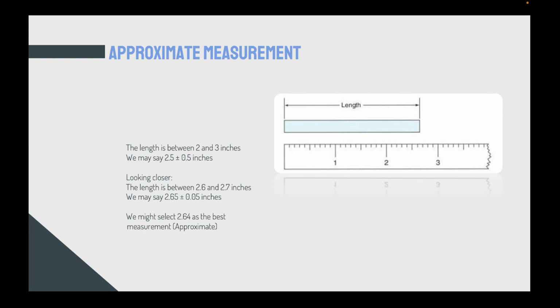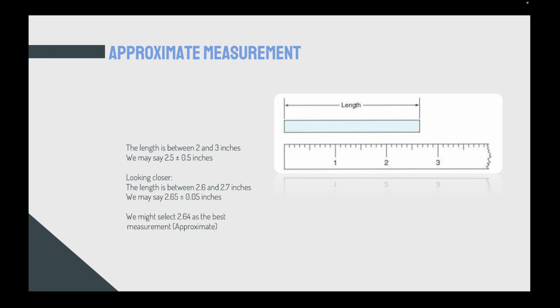Because it could be 2.5, could be 2.6, 2.7. So you're talking about 0.5 of an inch in difference, right? So it could be 2.5, could be 2.6, right? Yes. So that's why it's like plus and minus 0.5. That's the accuracy for you.